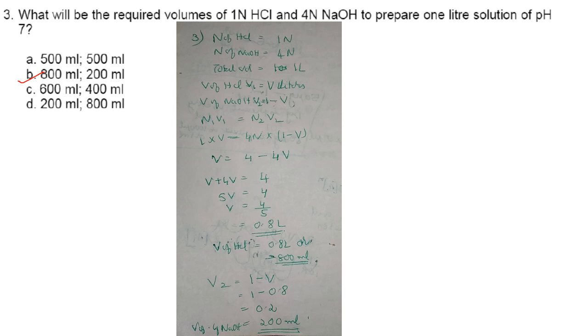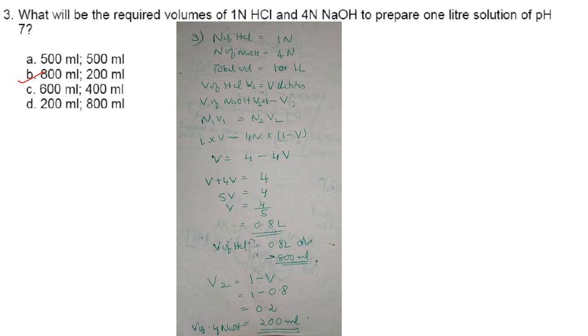What will be the required volumes of 1 normal HCl and 4 normal NaOH to prepare 1 liter solution of pH 7? So they have given normality. Normality of HCl is 1 normal, that of NaOH is 4 normal, and total volume is 1 liter. So N1V1 is equal to N2V2. So V2 is equal to 1 minus V. Then you solve for V, you will get 0.8 liters.